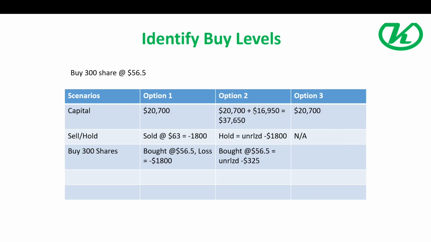In option 2, where we did not sell our first 300 shares, we bought an additional 300 shares at $56.50. Now our dollar cost average has come down. The third one, as I mentioned, will come at a later stage.